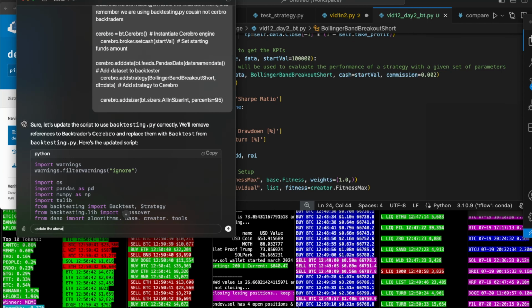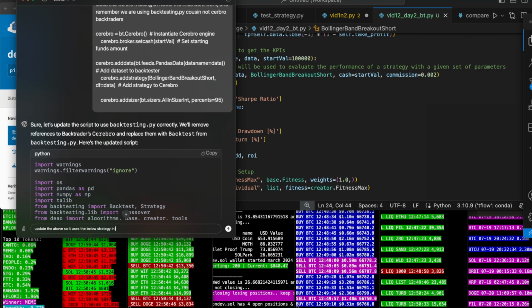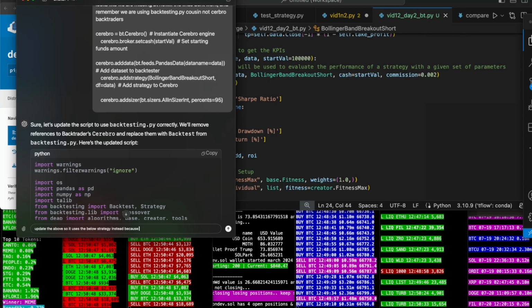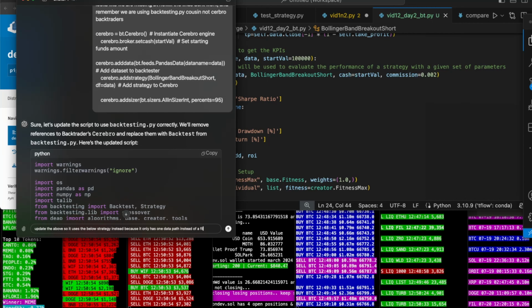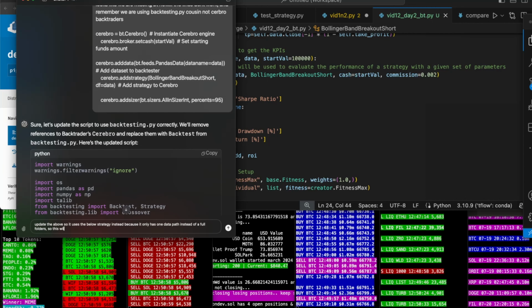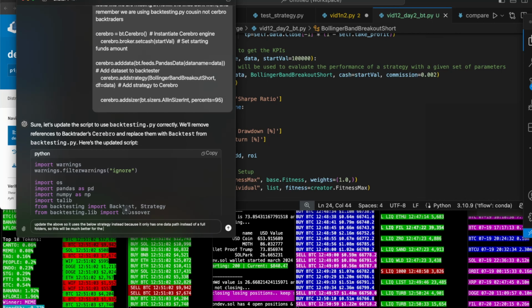Update the above so it uses the below strategy instead, because it only has one data path instead of a full folder. So this will be much better for the initial version.